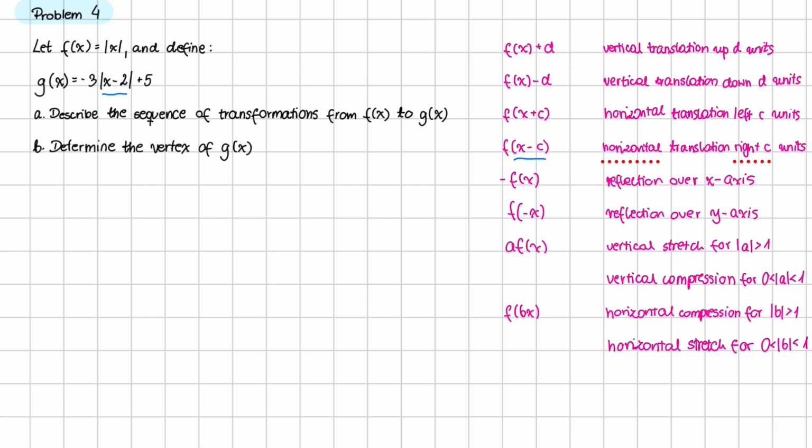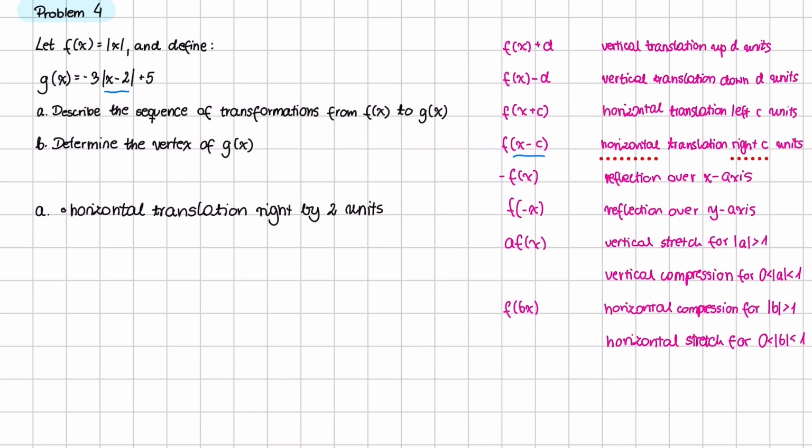Then we have to consider our negative 3, because it's closer to x than 5, because 5 corresponds to the whole function, and minus 3 is in front of our absolute value, in other words, the bracket.